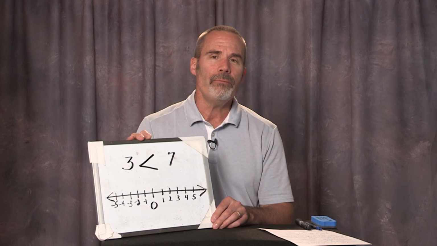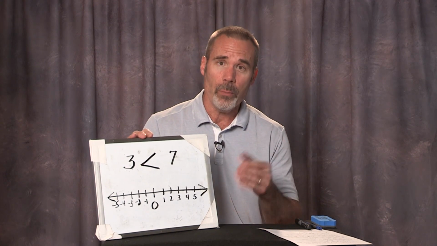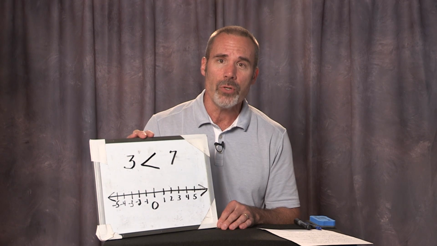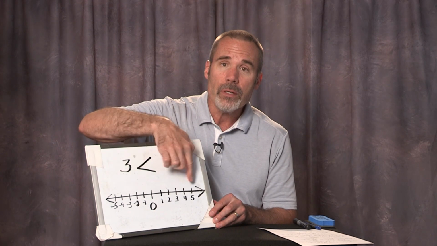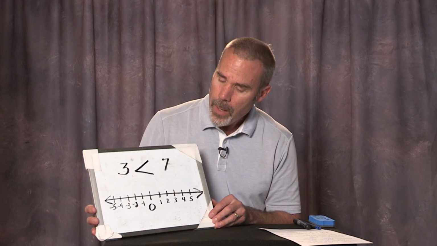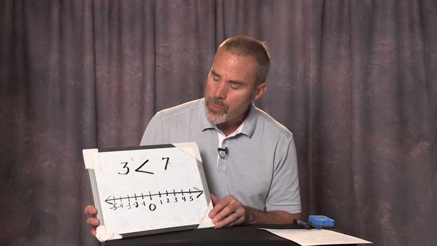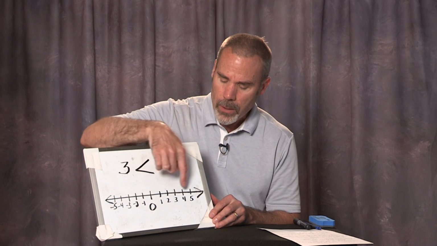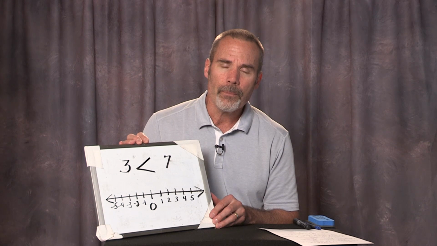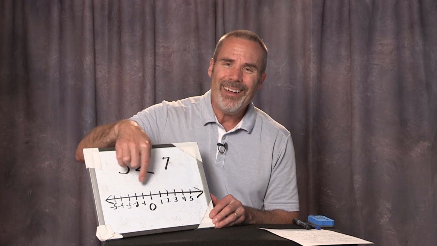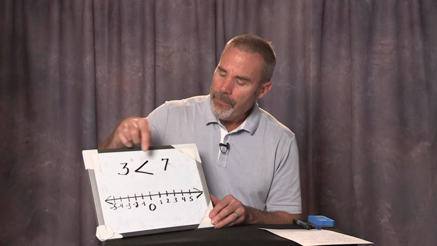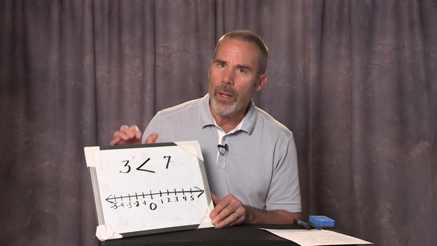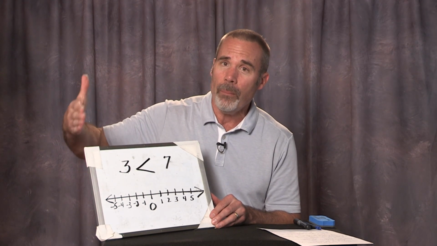What's also really helpful when we compare, or even later when we start talking about ordering integers, is being familiar with this number line down here. I have a small little number line that goes from -5 all the way up to 5. So if we're comparing numbers, the further to the left that we go on the number line, the smaller the number gets.